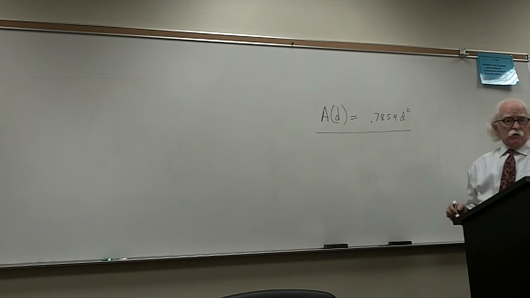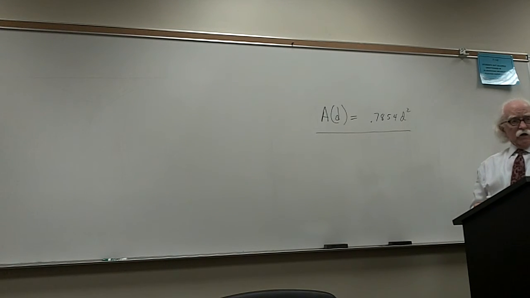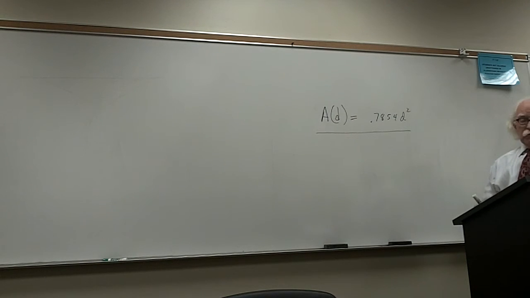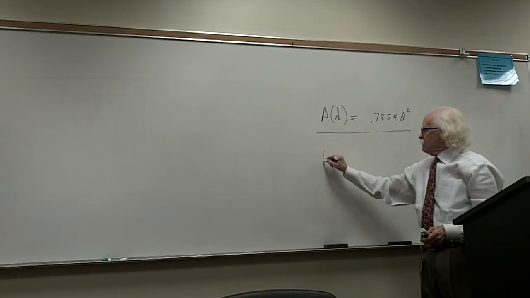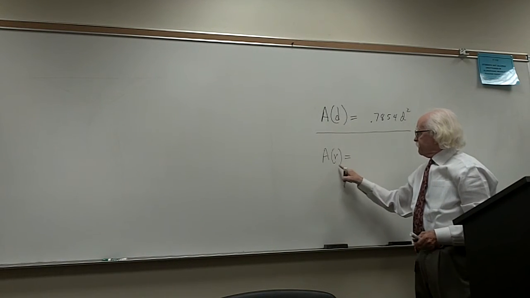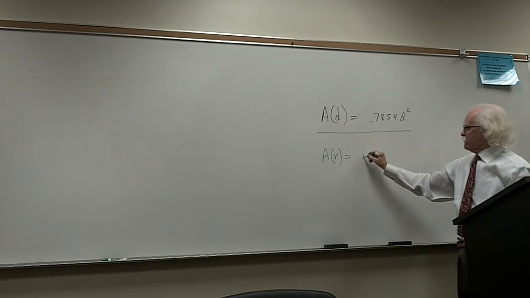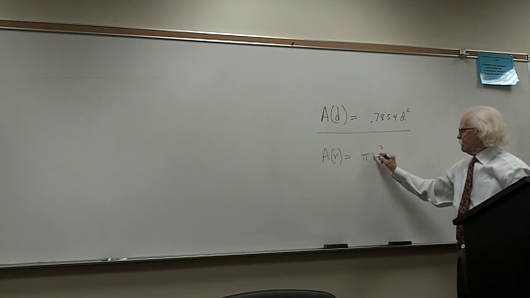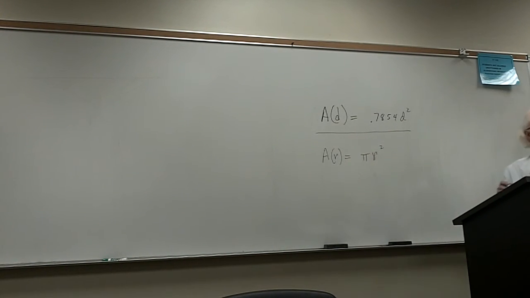That's the area of a circle as a function of its diameter, see? If you want to write the area of a circle as a function of its radius, it would be what? Pi r squared, like that. So the area is now a function of the radius. Make sense, everybody? No?